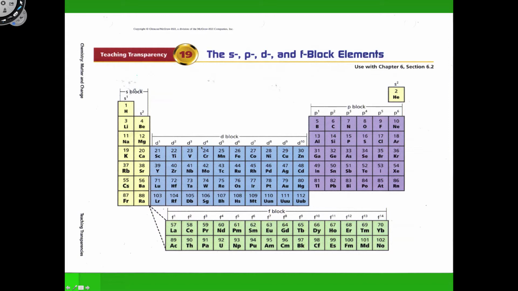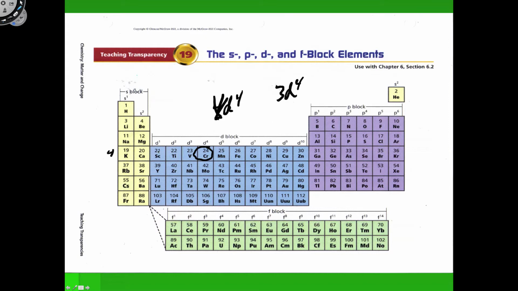Now the D block's a little harder because typically the row is 1 more than the coefficient. So for example, chromium, let's say. You might think chromium's 4d4, but it's not. It's actually 3d4. Remember, we don't do this numerically, we're doing this by energy level.